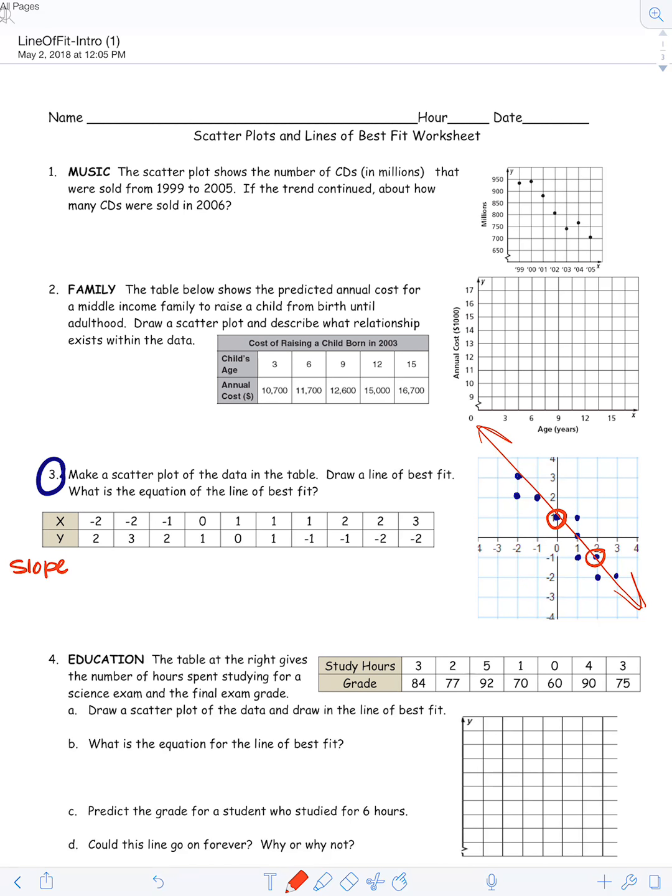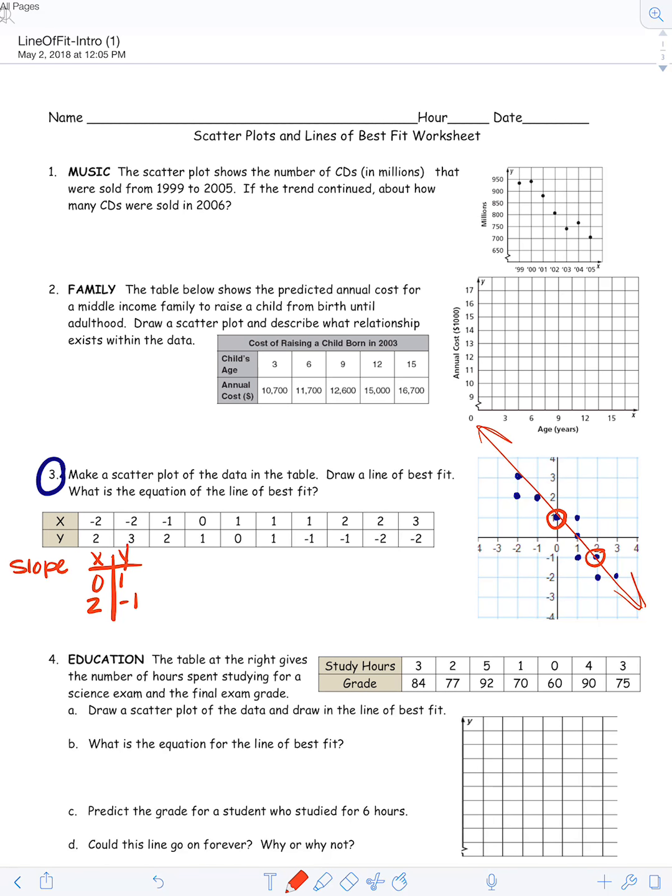Now your points might be different, but either way, we could set up a table. I have (0, 1) and I have (2, -1). So I can find the change in my x and y values to get my slope for this problem.